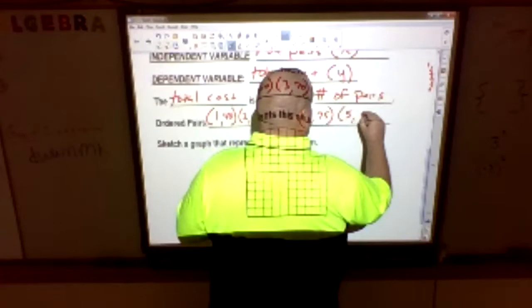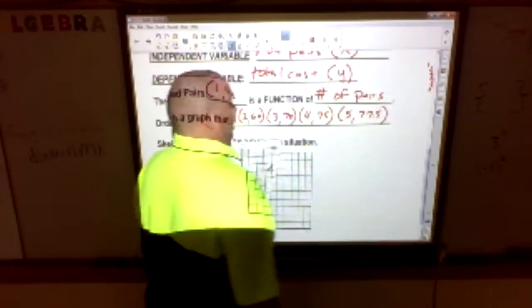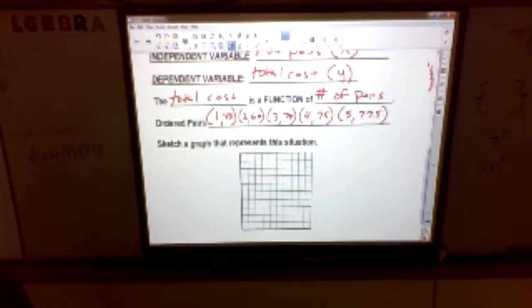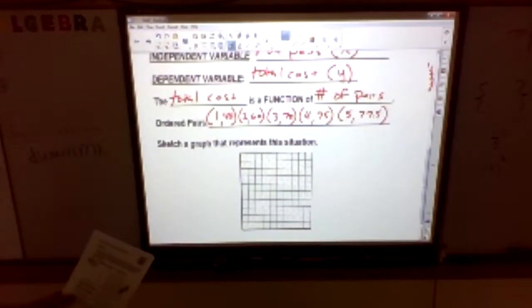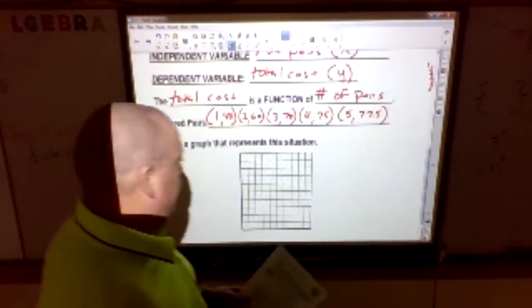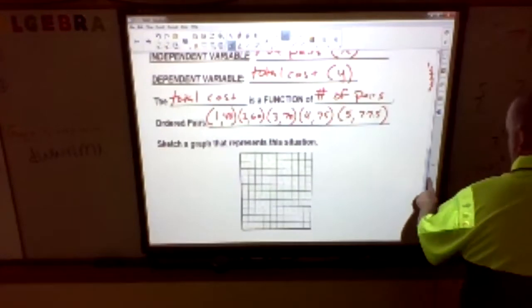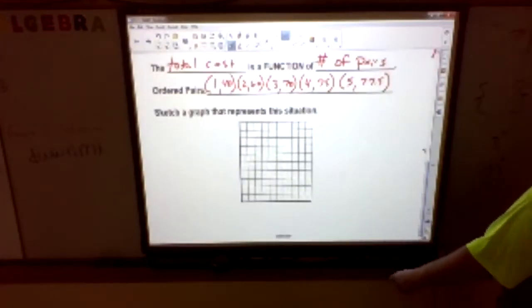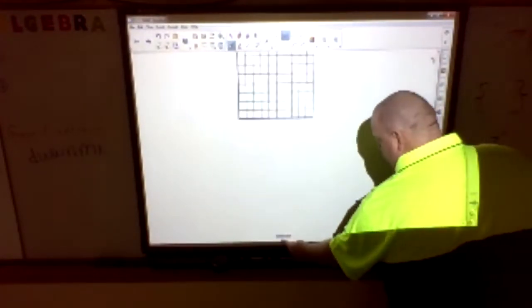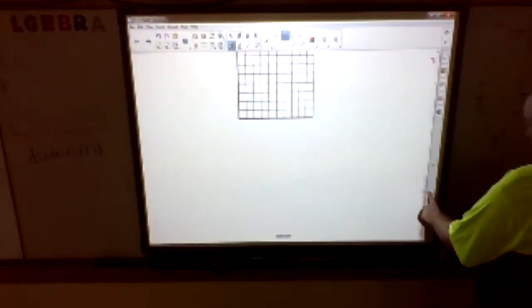And 5 pairs cost us $77.50. Okay, so that is my ordered pairs. I'm going to scroll down here a little further and sketch a graph of this.